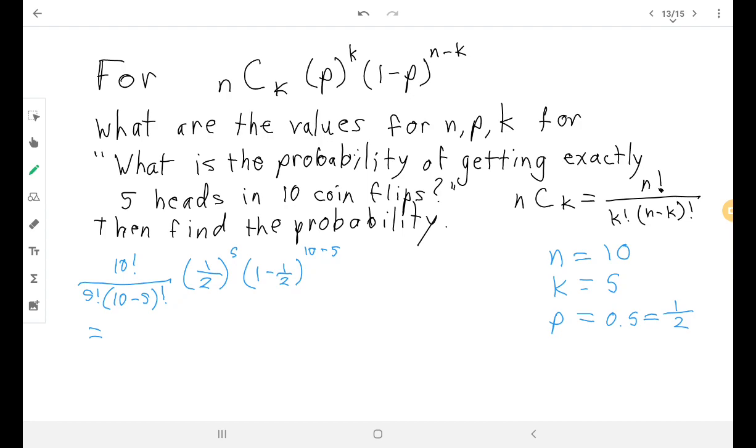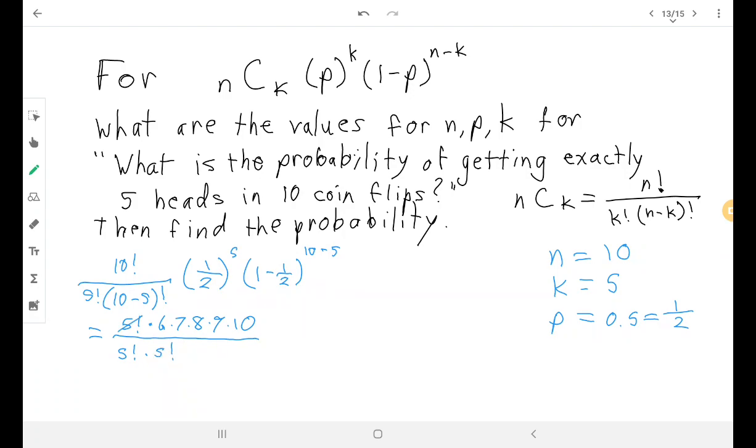So the way I'm going to split this 10 factorial up is 5 factorial times 6 times 7 times 8 times 9 times 10, over 5 factorial, and then 10 minus 5 is 5, so I've got another 5 factorial there.